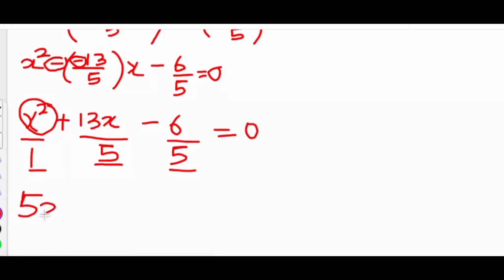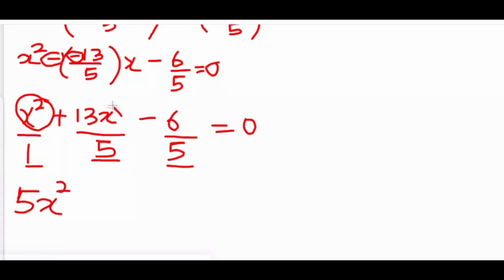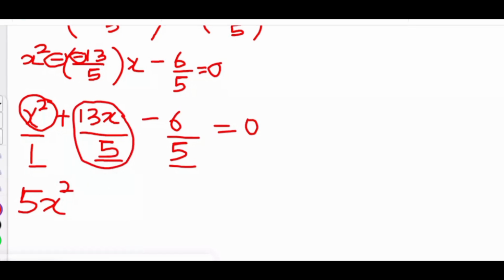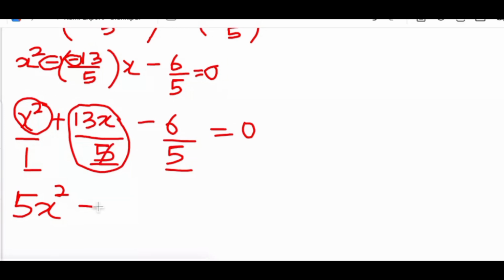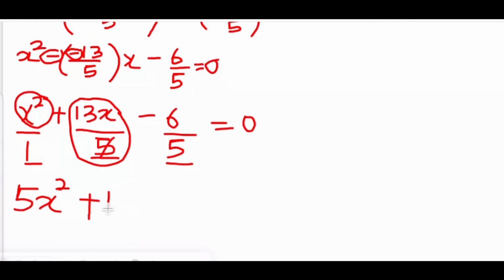So 5 times x squared is 5x squared. It's a very fast way of solving it instead of trying to divide and multiply. So I multiply the next fraction, 13x over 5, by 5. When I multiply this fraction by 5, this 5 here will disappear. So what I have left will be 13x. I hope you're getting it.